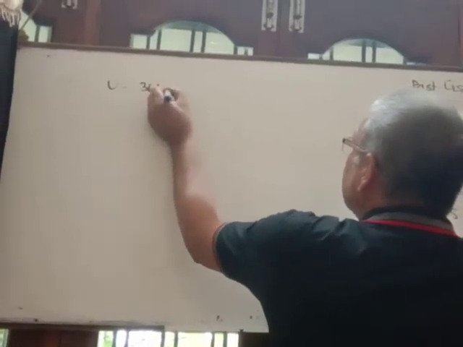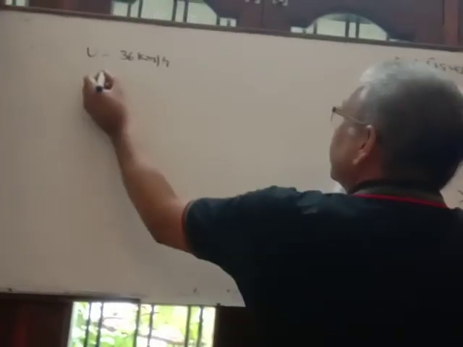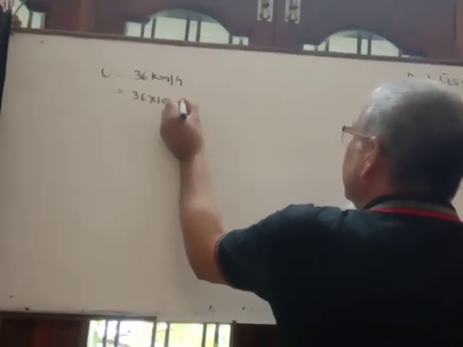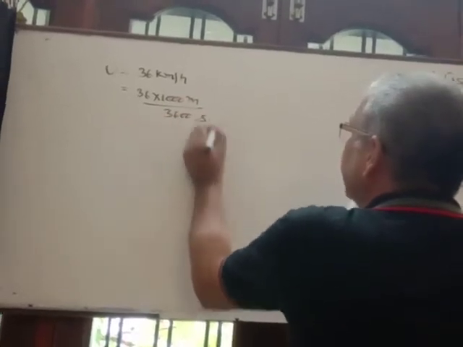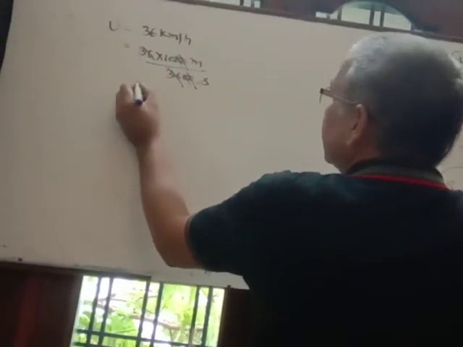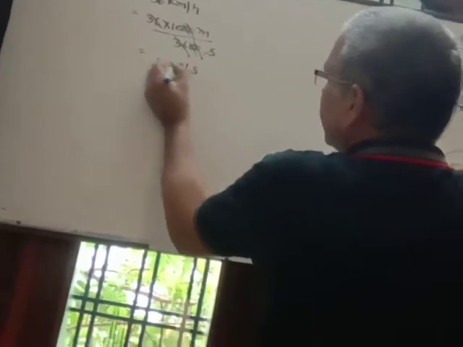It is better to change kilometer per hour into meter per second. So 36, 1 kilometer is 1000 meter, 1 hour is 3600 second. It is 10 meter per second.